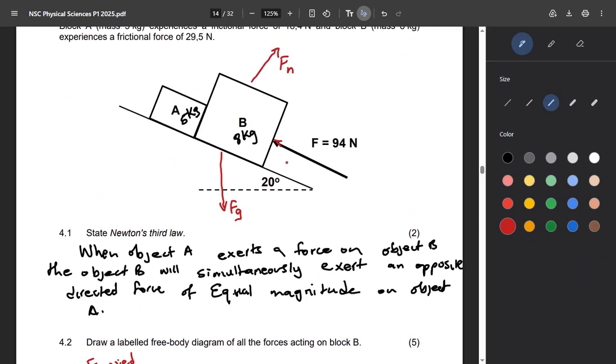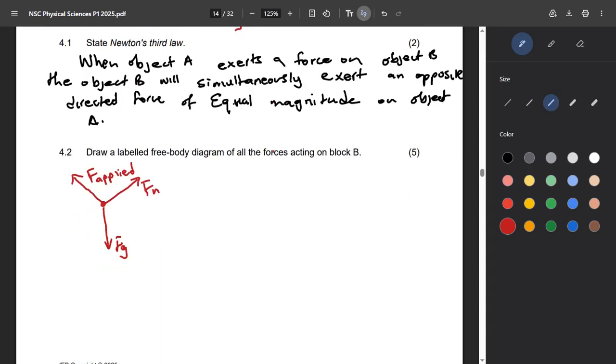We have 1 force that opposes the direction of the motion, which will be friction. So friction will go in this direction, this is Fk.